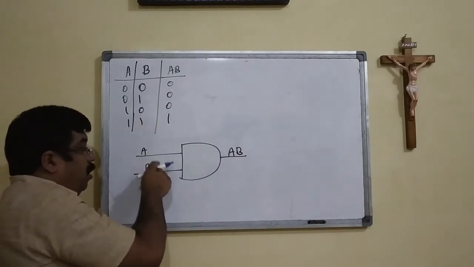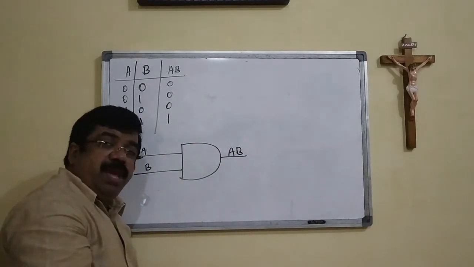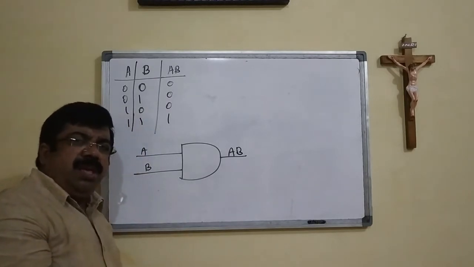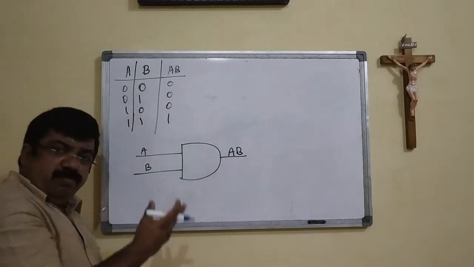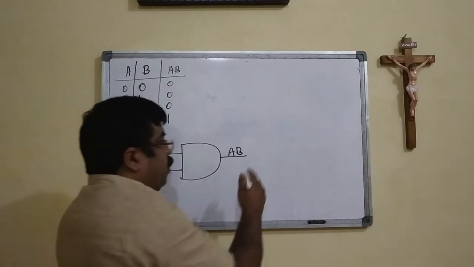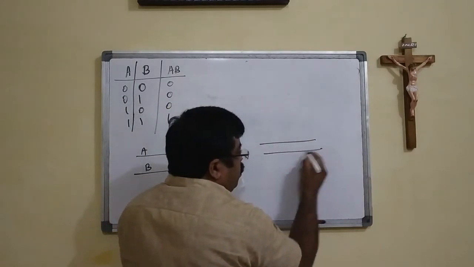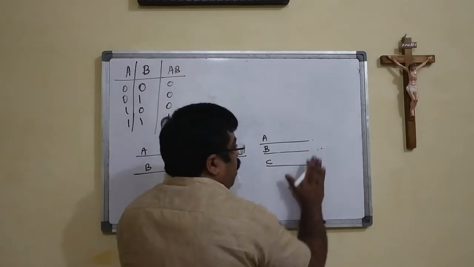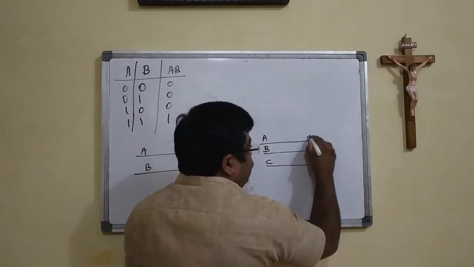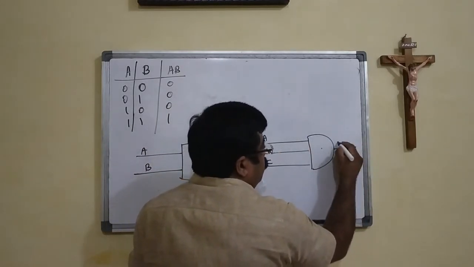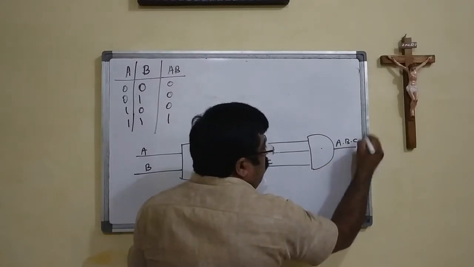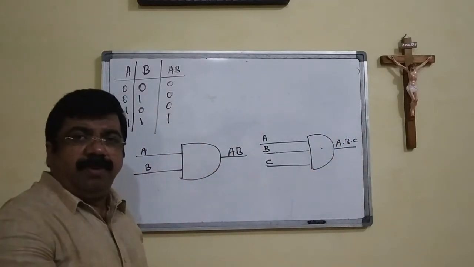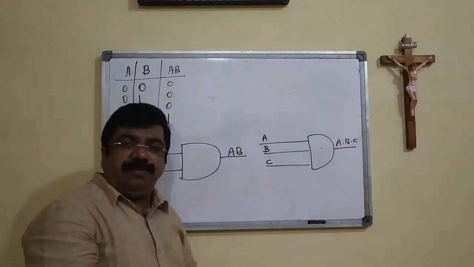A, B, and the output will be A and B. Similarly, we can have more than two inputs. Suppose we have A, B, C. Our AND gate will look like this: A into B into C. This is the logic gate.